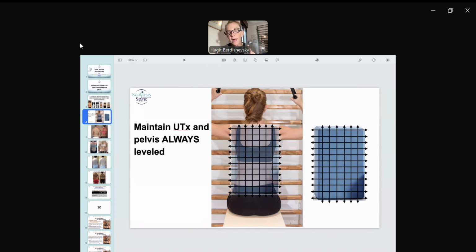And the opposite way is if the patient is enthusiastic about moving the thoracic from right to left. And all of a sudden we see some collapse of the right convexity because they are overdoing it to the left. And the right shoulder drops down and the head starts to tilt to the right. We see these compensations coming.